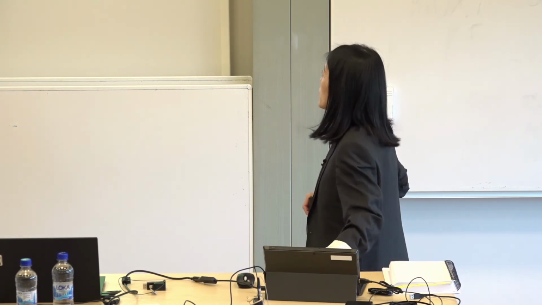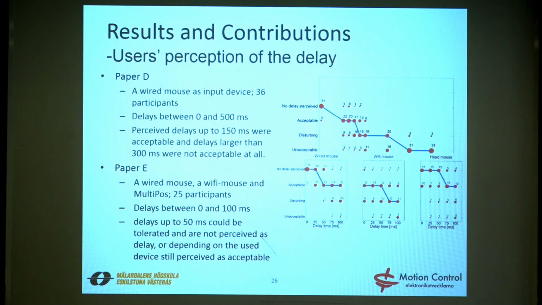We can see the result in the figure. This is the result with the wired mouse, this is with the Wi-Fi mouse, and this is with the MultiPos, the hand mouse. Tolerantly, we can say delays up to 50 milliseconds could be acceptable or perceived as no delay at all.